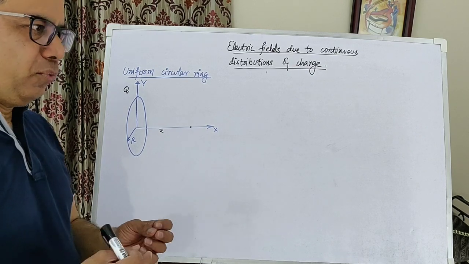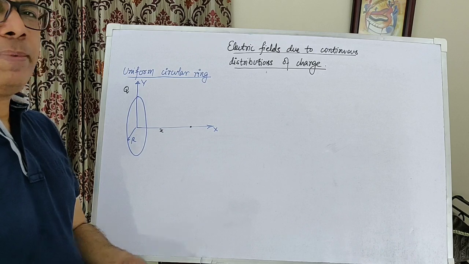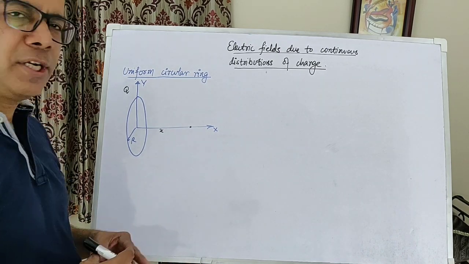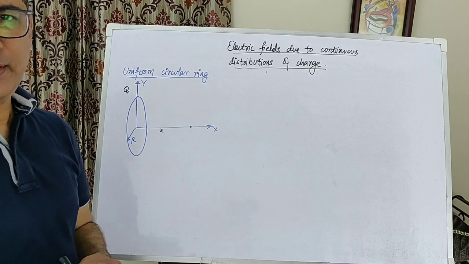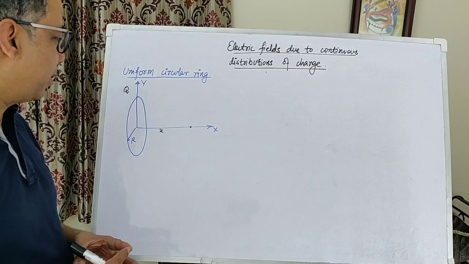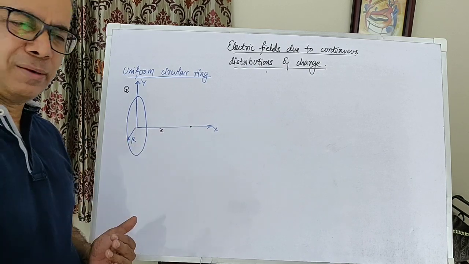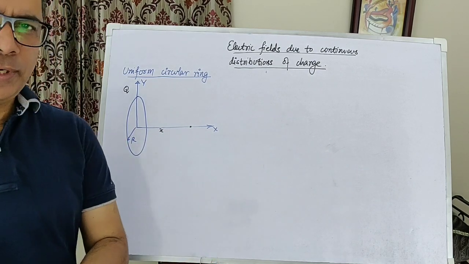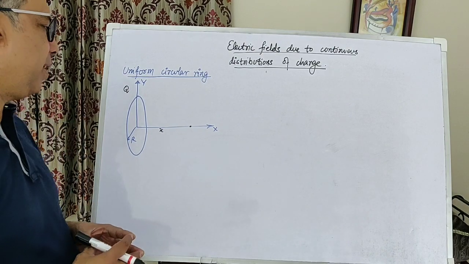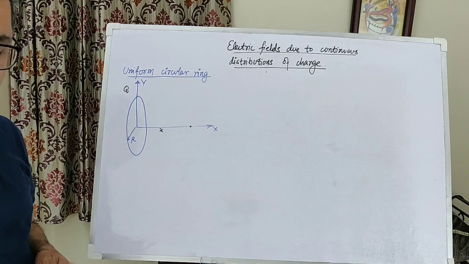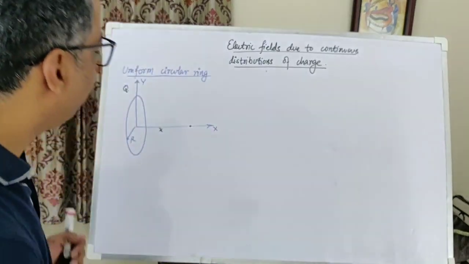So we need elements that can be approximated to a point charge, and then we calculate the fields due to those elements. Once we know the electric fields due to all those elements, we will do a summation of those fields and eventually calculate the resultant electric field.